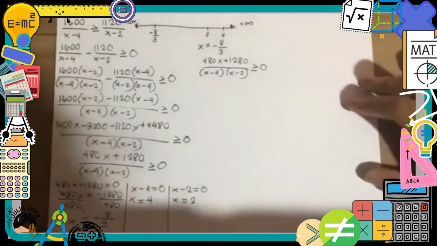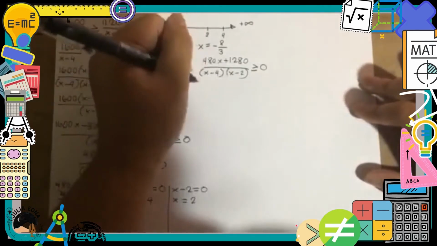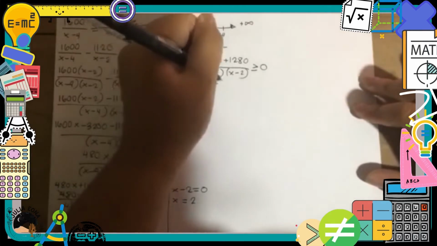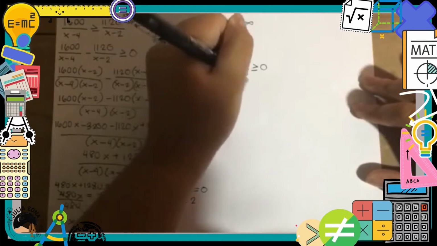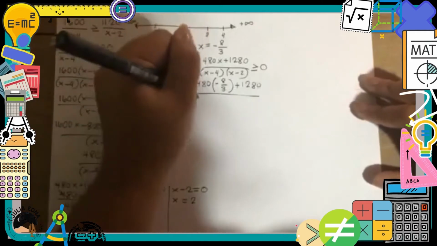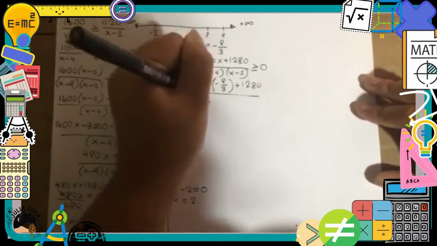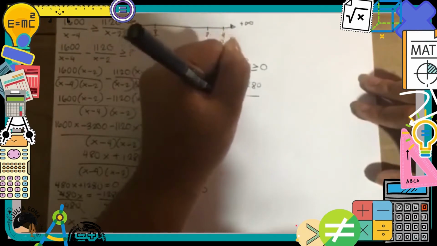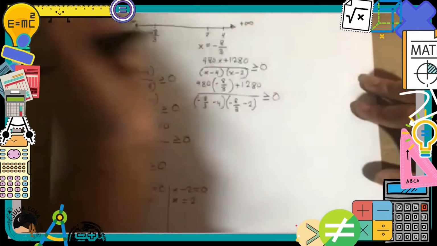Now, we're going to substitute for all x in the equation. So, it's going to be 480 times negative 8 over 3 plus 1,280 over negative 8 over 3 minus 4 times negative 8 over 3 minus 2 greater than or equal to 0.